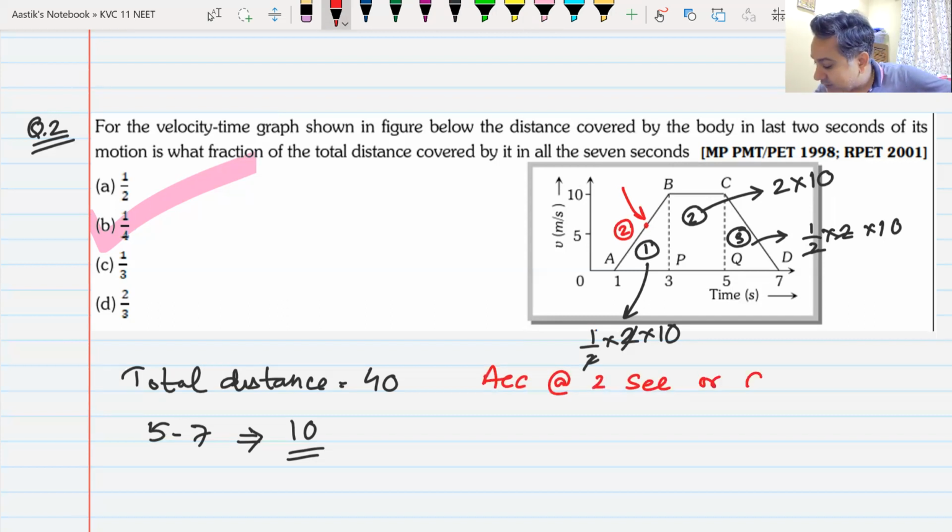Remember, it is a straight line, so the slope is constant. So whether you find out the acceleration at 2 seconds, at 1.5 seconds, at 2.5 seconds, or from 1 to 3 seconds, all the acceleration would be same. Yes or no?